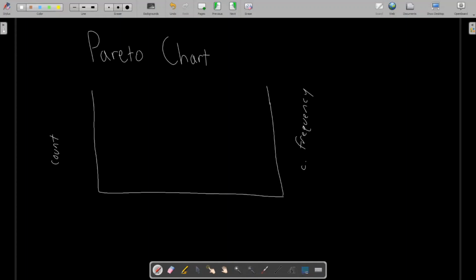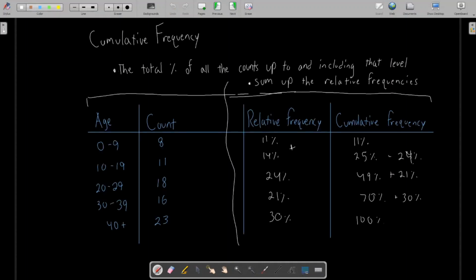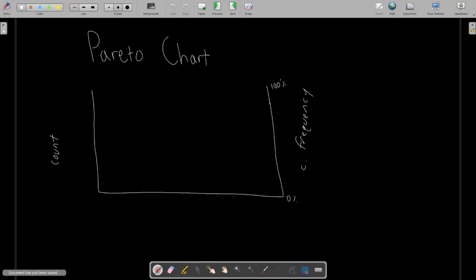On the cumulative frequency side, we're going to have it go from 0% to 100% because that is the range that the cumulative frequency can go. And the count, we'll have to look real quick. The count will go from 0 to 76, because that was the total amount of data points in this data set.